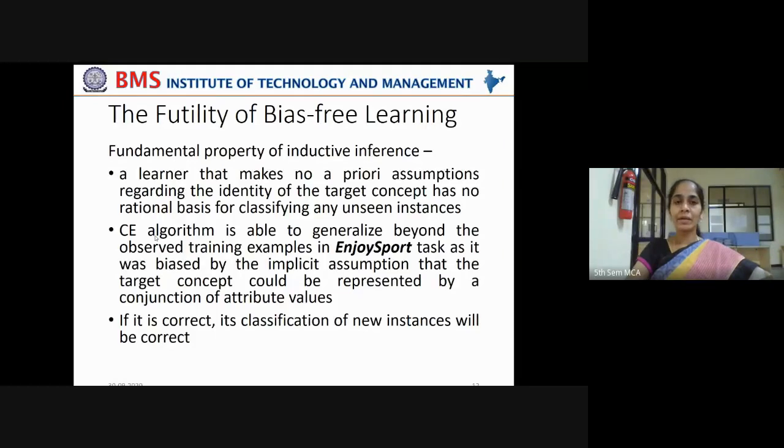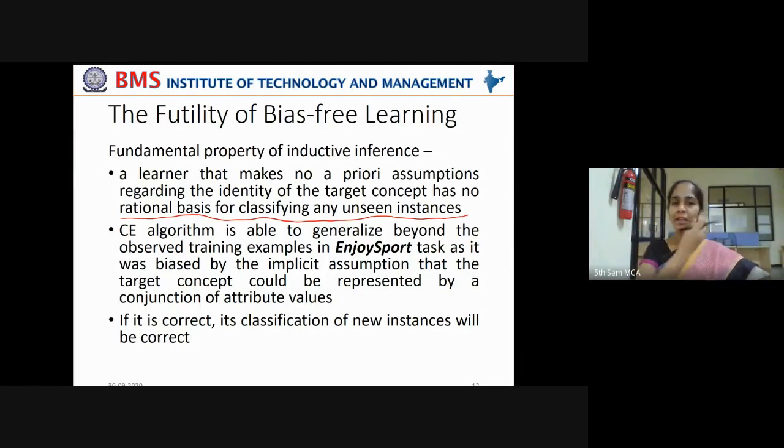The harshness it shows on the search space by giving lots of hypotheses which cannot be dealt with in real time. Now, the fundamental property of any inductive inference is this: a learner that makes no a priori assumptions regarding the identity of the target concept has no rational basis for classifying any unseen instances.